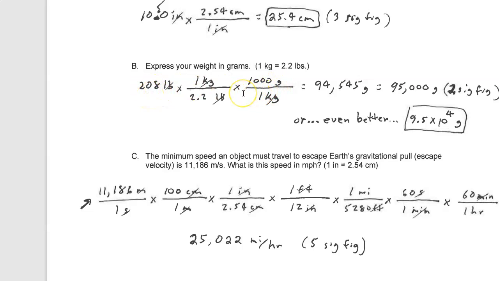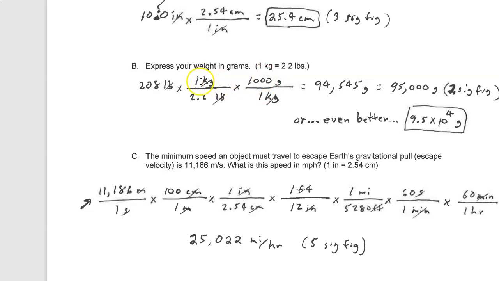Again, multiplying and dividing. So how many significant figures do I have here on the 208? Well, I have 3. This is exactly 1 kilogram. That is approximately 2.2 pounds, because these metric to English units don't line up perfectly here. So how many significant figures here? 2. 1 kilogram is equal to exactly 1,000 grams by definition, so there's no error here.